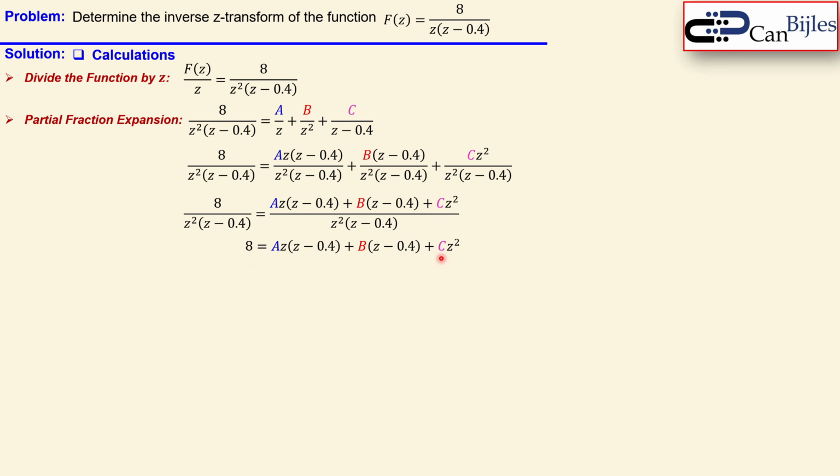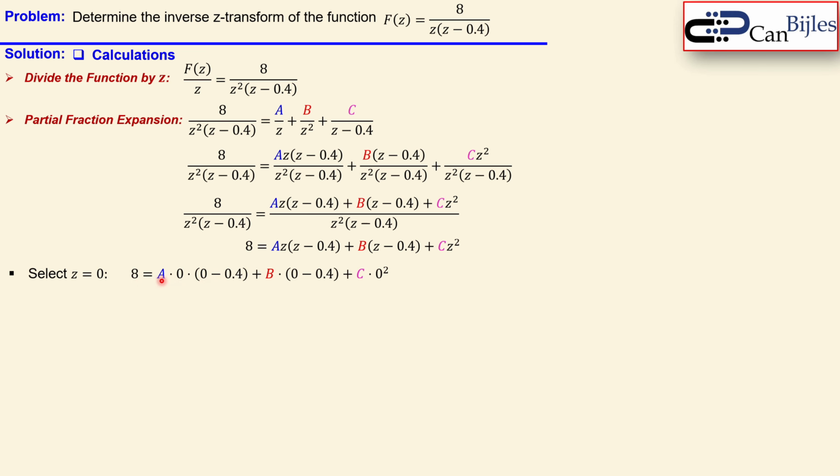Okay, now we need to determine, as said, the a, the b, and the c. So we need to select here a convenient value for z in order to eliminate all of the unknowns except one. Now in this case, if I select z is equal to 0, I will lose the a and also the c, and I will only have the b. That's actually shown here. So 8 is equal to 8 times 0 times, in parentheses, 0 minus 0.4.